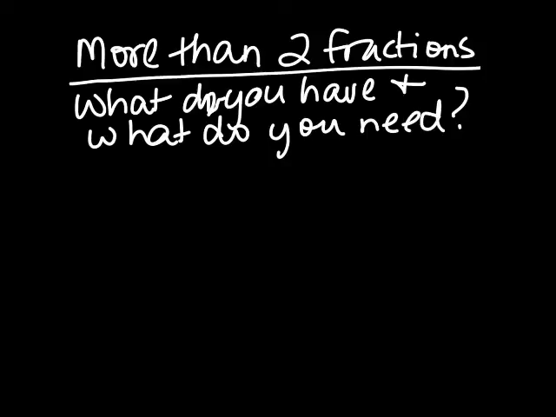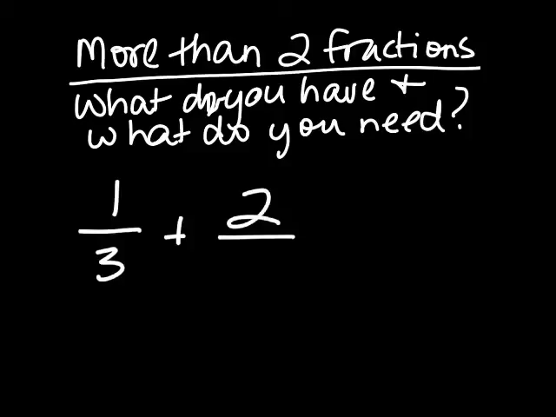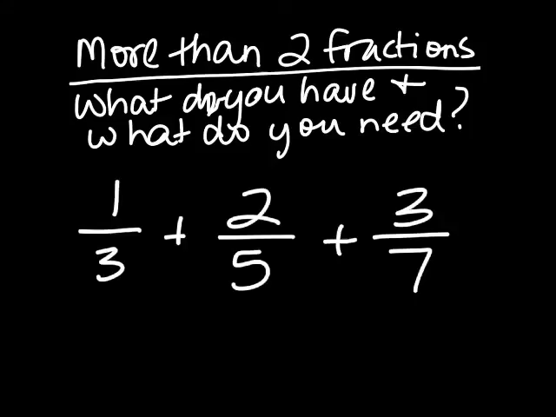Okay, so let's say we've got 1/3 plus 2/5 plus 3/7. Okay? So, anytime we want to find a common denominator, the easiest way to do that is to multiply our denominators together. So you can actually turn this into one fraction.